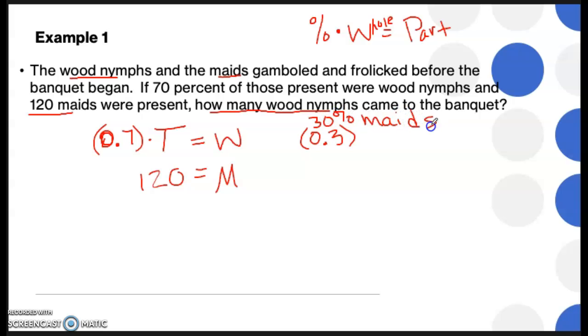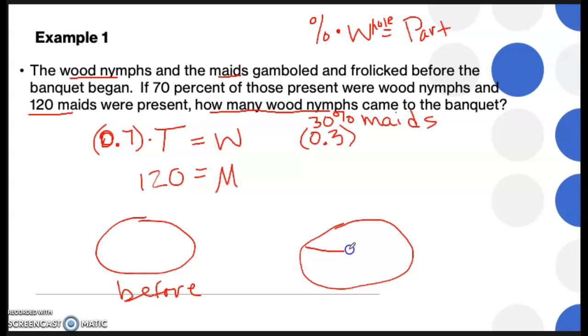Now, another way we can figure this out, before we start writing more equations, is to draw bubbles. I have my before, and I have my after. My after gets divided into percents. My after can be 70%, and the rest has to be 30% to equal this 100%, right?